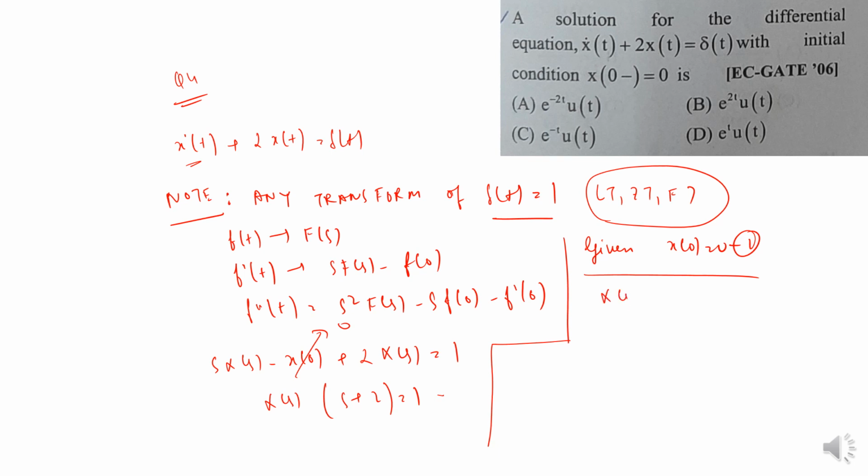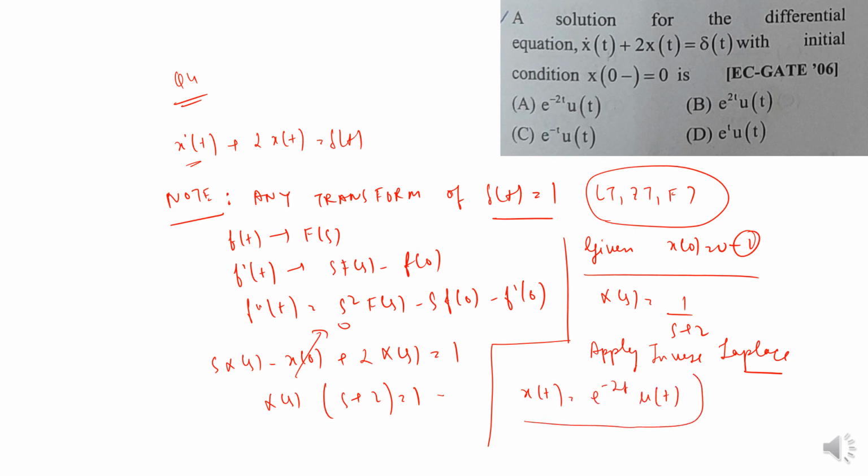Now X(s) is equal to 1 by s plus 2. Now apply inverse Laplace, and x of t is equal to e power minus 2t into u of t. So the answer for this question is 1.